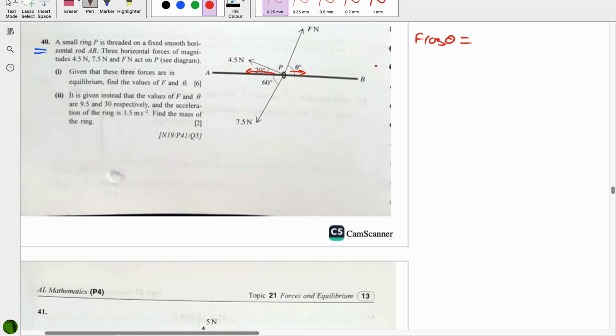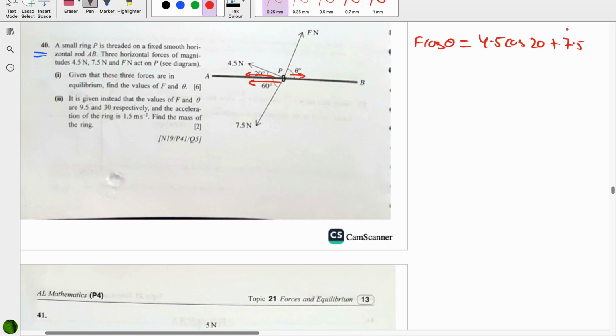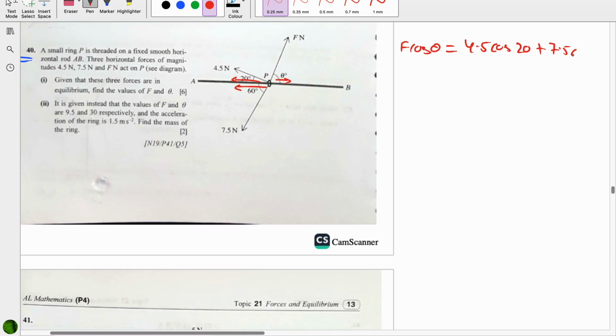Right equals left. Only the force F, that is the component on right, it is F cos theta, is equal to this component on left, 4.5 cos of 20, plus this component again towards left, 7.5 cos of 60. Given that these forces are in equilibrium, find the value of F and theta.